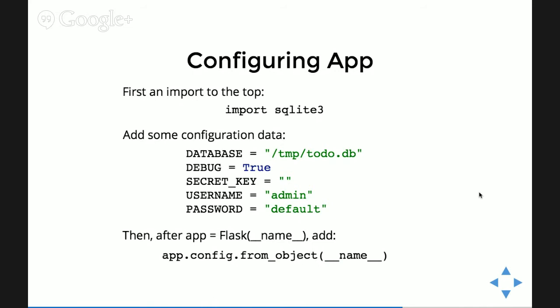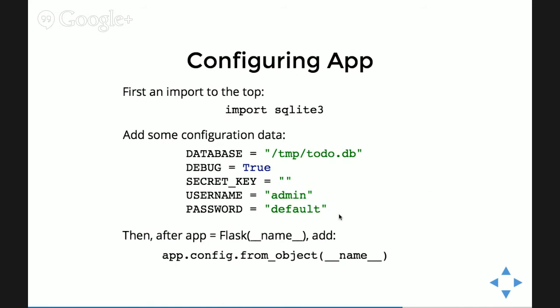Everything before app equals Flask is imports. From Flask import Flask says Flask is a very big library with many different parts, and you're specifying which parts you want to use. Then import SQLite 3 imports the whole SQLite 3 library.